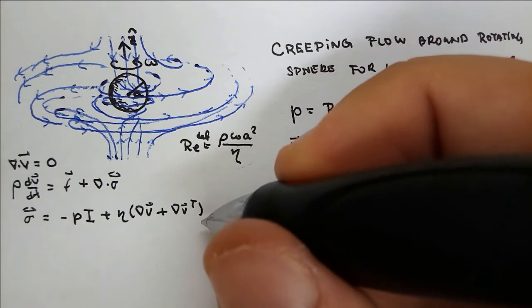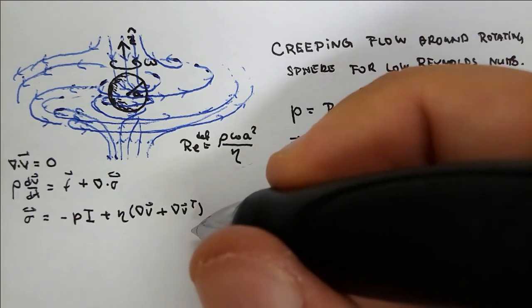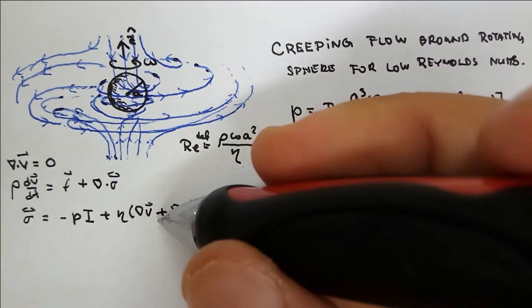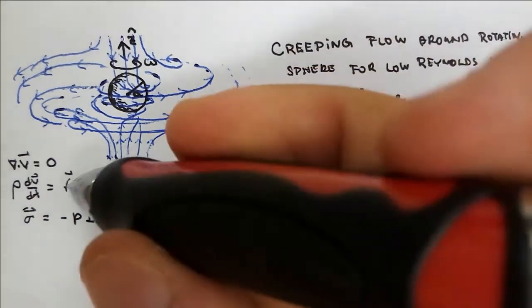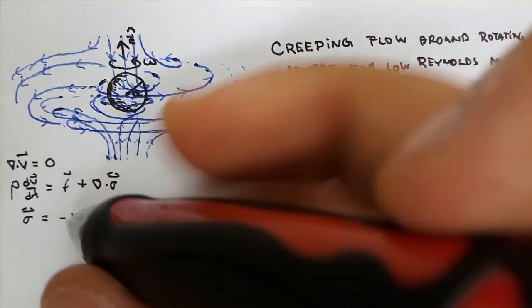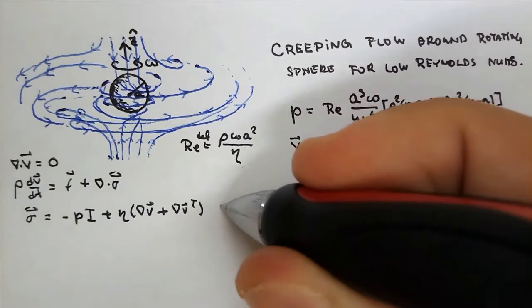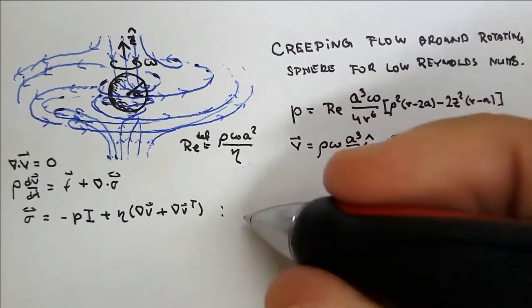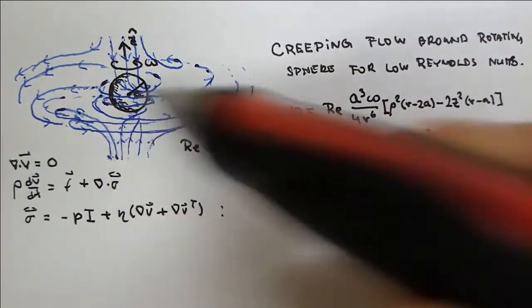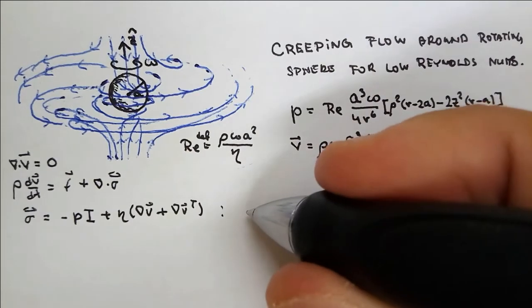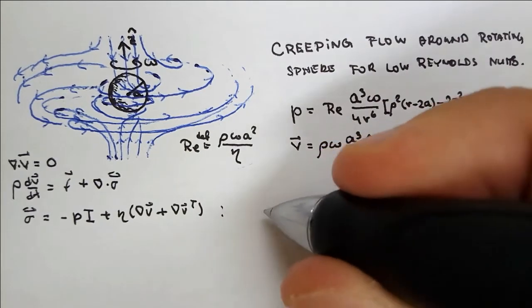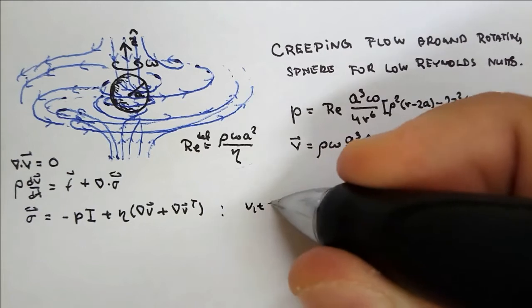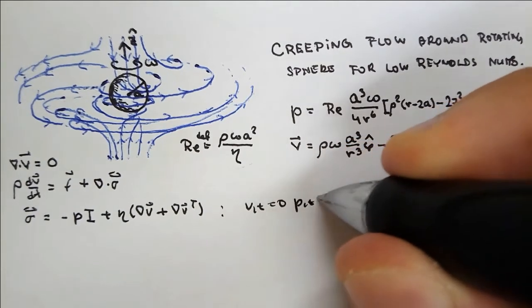Next, if we substitute this constitutive relation into the equation of momentum balance, we will get the Navier-Stokes equations. Again, we will be treating the problem as stationary, so there is no time component: the derivative of v with respect to t is 0, and of p with respect to t is also 0.